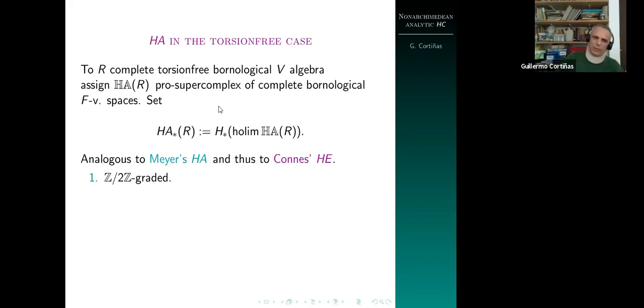Okay, so the theory that we get is Z/2Z graded by definition, since the X complex is Z/2Z graded. It is Dagger homotopy invariant. So what do I mean by this? Polynomial homotopy invariance means that the inclusion of an algebra into the polynomials is mapped to an isomorphism.